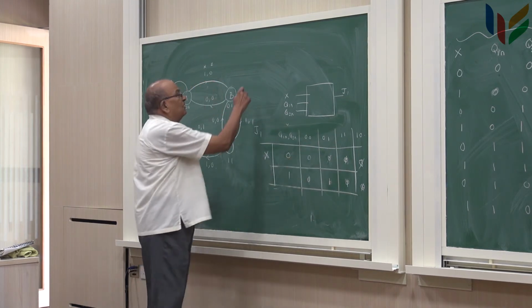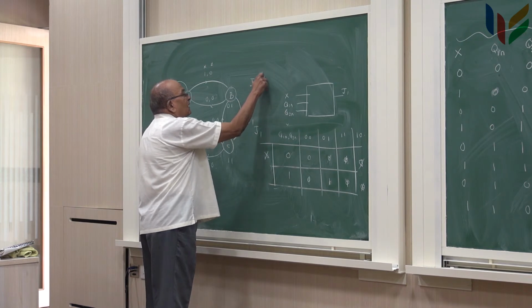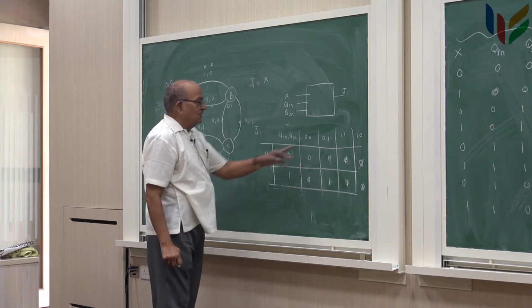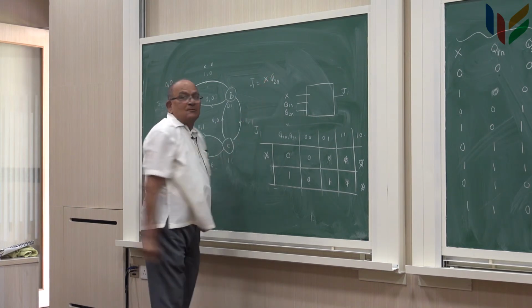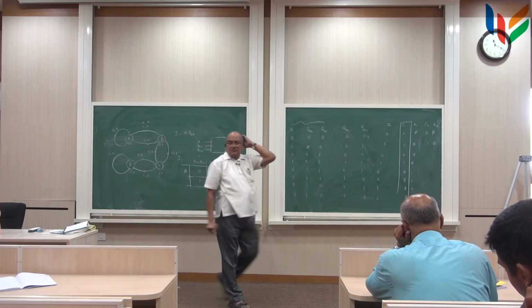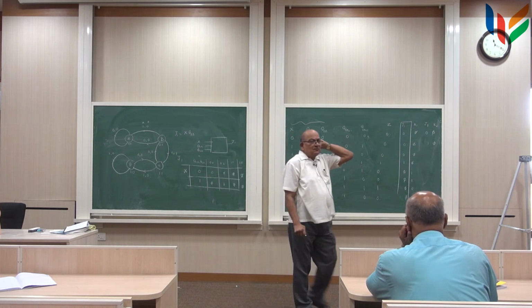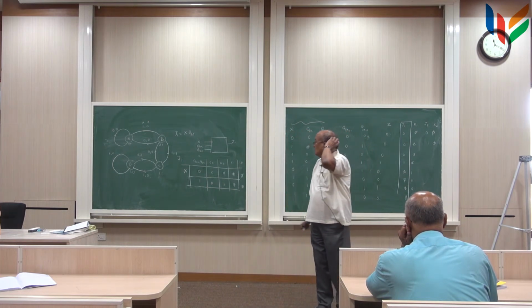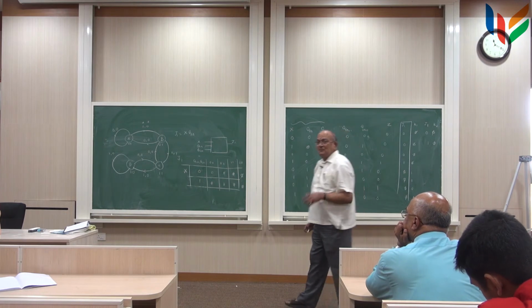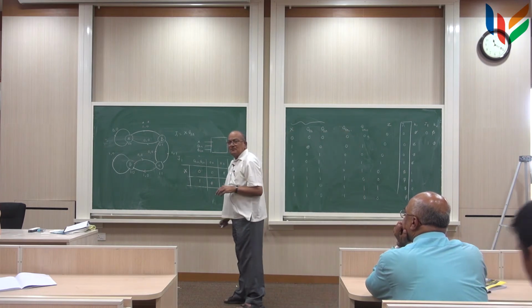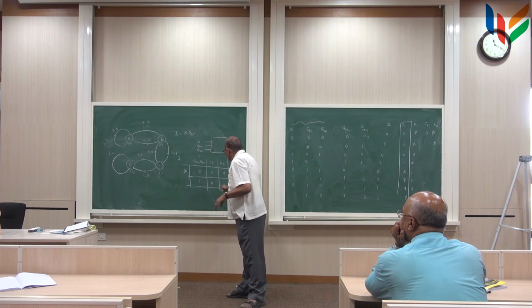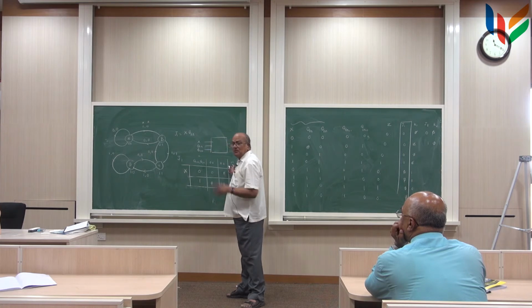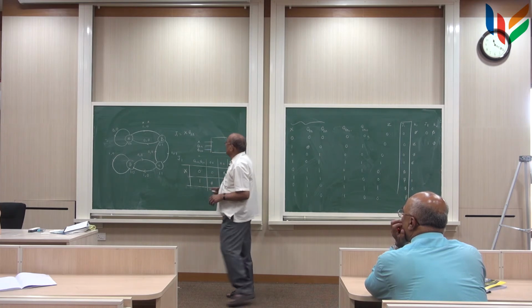So J1 will be equal to x into q2n. Because x is 1 and this is 1 and 1, so 0, 1 cancels. It doesn't matter. So this is only.